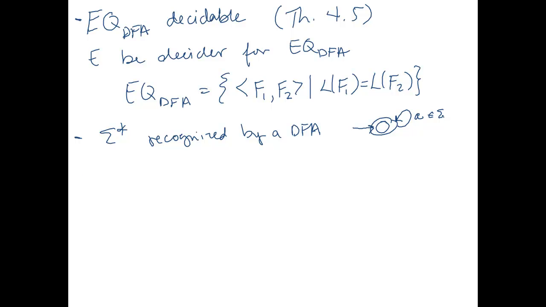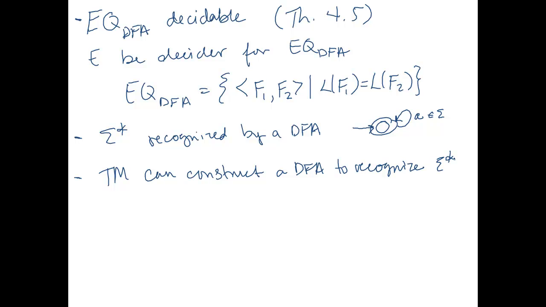Alright, fact 3. A Turing machine can construct a DFA to recognize the language of sigma star given sigma as input. Okay, so what do we mean?